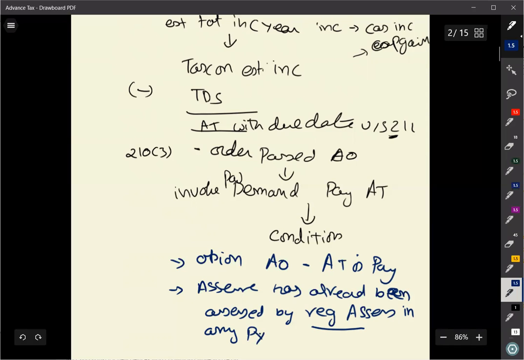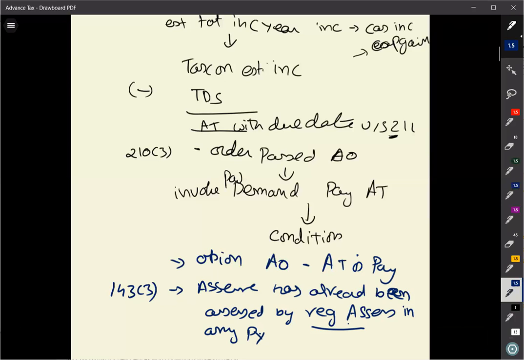What is the meaning of regular assessment? That we will discuss when we cover section 143 subsection 3 assessment procedures. When we discuss that, I will explain the meaning of regular assessment, scrutiny assessment, and summary assessment.